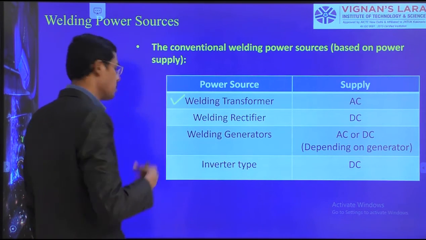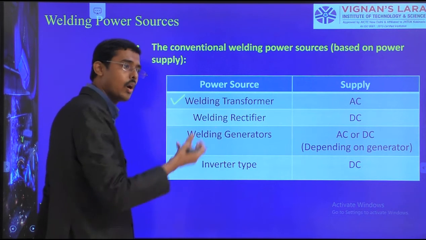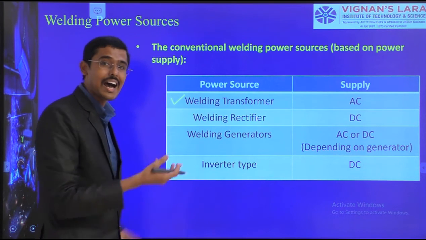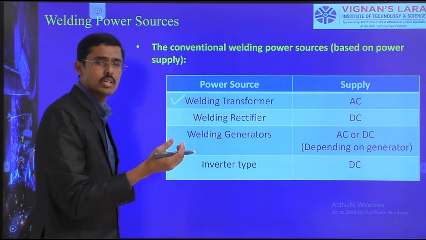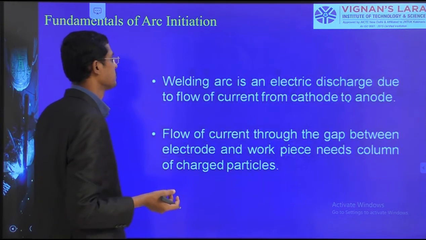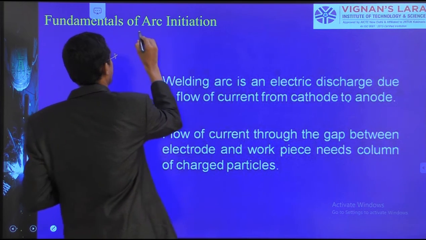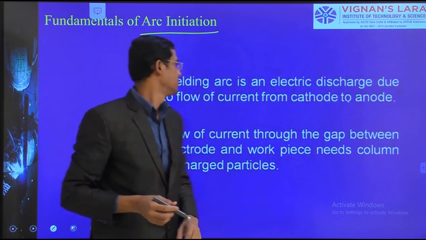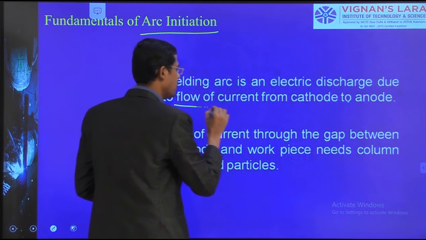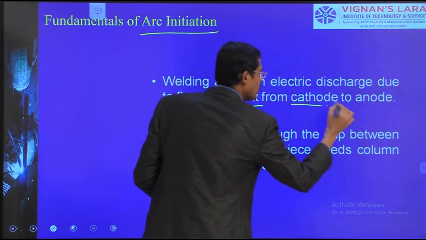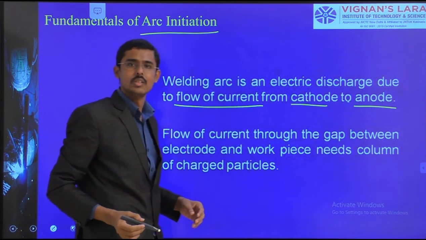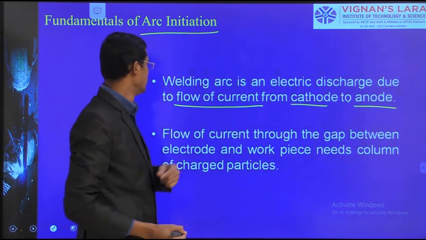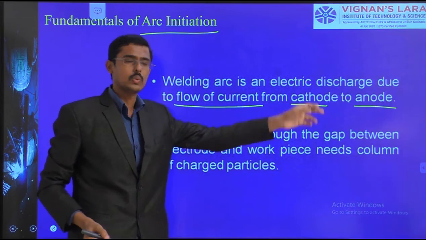Now we go ahead. Now we have to see how heat generation occurs from the power source to the arc initiation technique. Fundamentals of arc initiation technique you should see. Arc initiation next. The welding arc is an electric discharge due to the flow of current from the cathode to the anode.